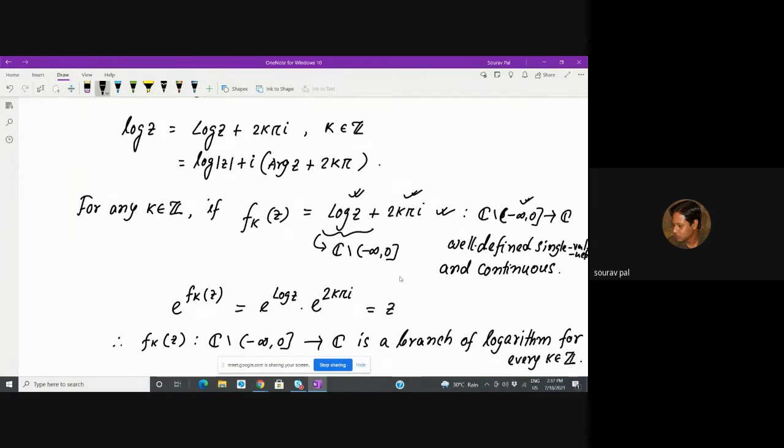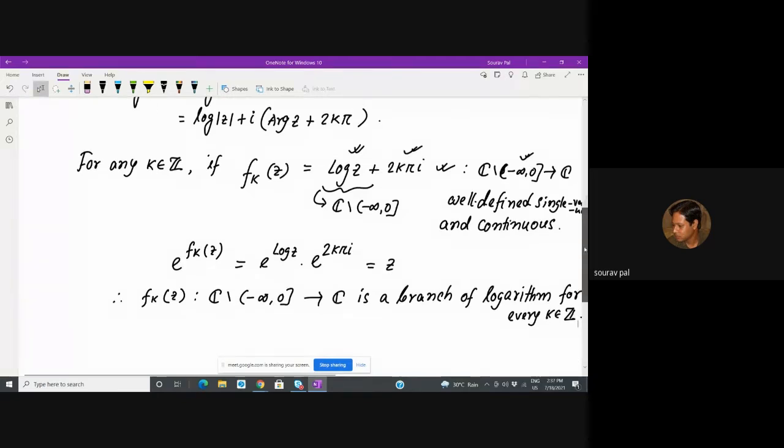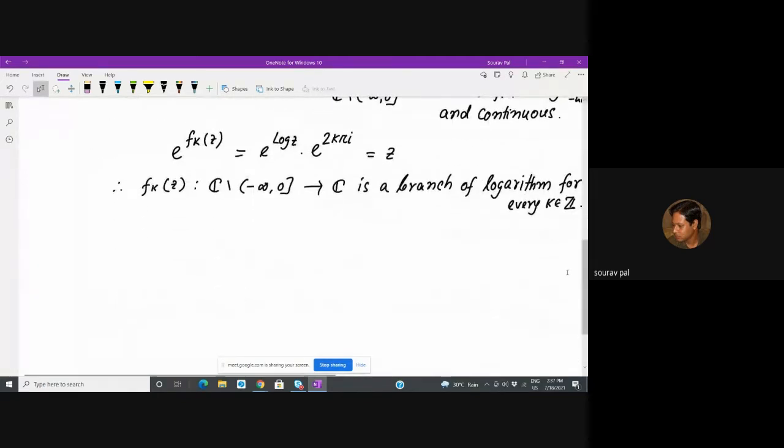So this is clear. If we have one branch of logarithm, we have infinitely many branches of logarithm in the same region. Mind it, in the same region. We are not changing the region. So this is indeed true for any branch of logarithm anywhere. We are going to state this in general. This is a particular example we have seen.